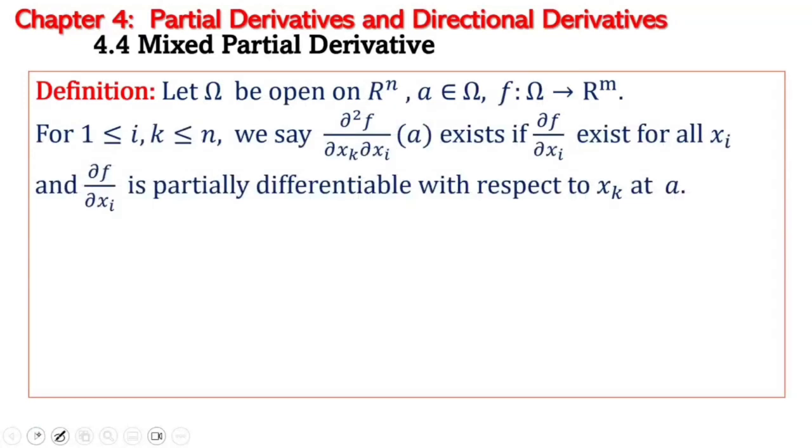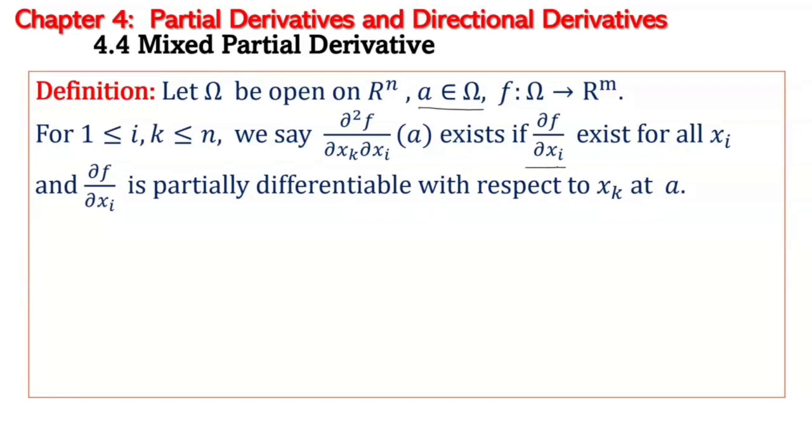So let's start with the definition. Omega is open in R^n, a is a point in omega, and f is a function. Then we say that del^2 f / del x_k del x_i, a mixed derivative with respect to the variable x_k and the variable x_i, exists if del f / del x_i exists for all x_i, and del f / del x_i is partially differentiable with respect to x_k at a.